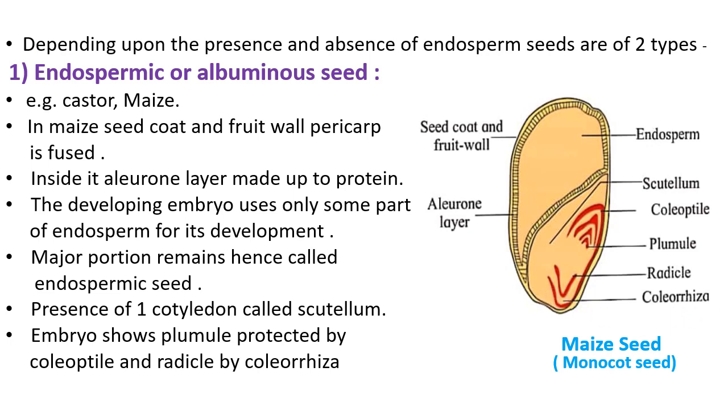You all know that after germination, embryo develops into a new plant. During the development, the plumule develops into shoot or leaves, while radicle develops into roots. So in this way, endospermic seed is found in castor and maize.